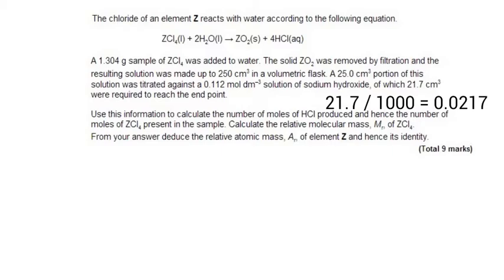This is multiplied by the concentration of the sodium hydroxide in order to be able to calculate the number of moles of sodium hydroxide that was used in the titration.